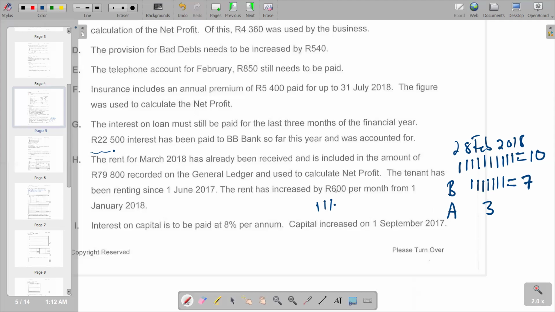So we can now come up with our formula, and it increased by 600.